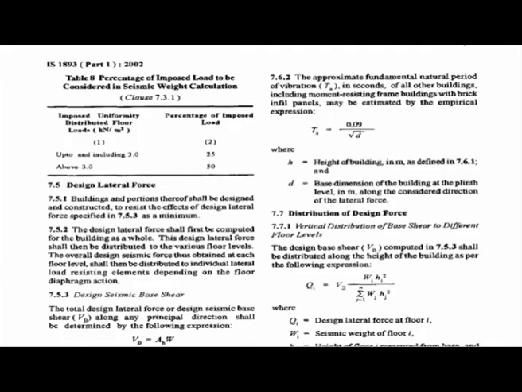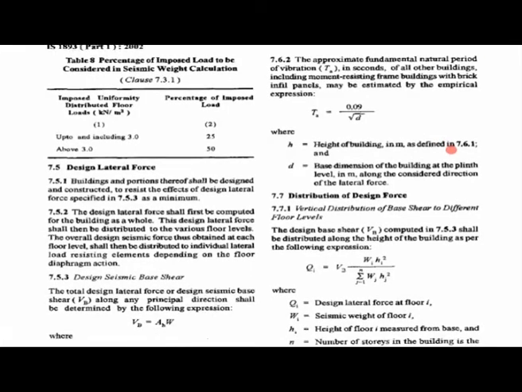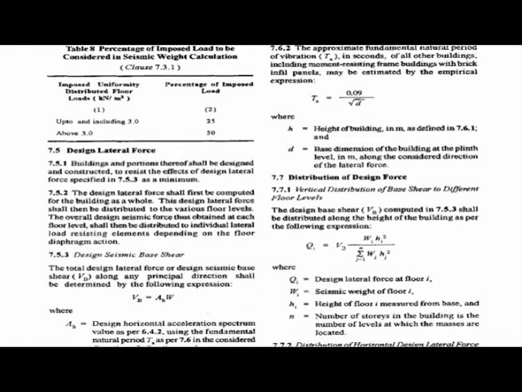The next thing coming into the picture is the horizontal force VH equal to AH into W, and T equal to 0.09 H by root D actually. From there I can find the time T, and we can calculate that.